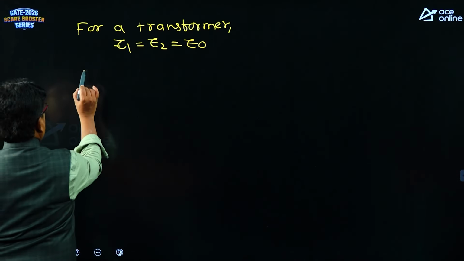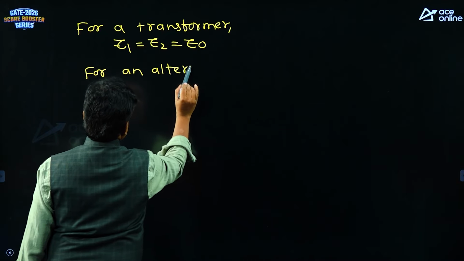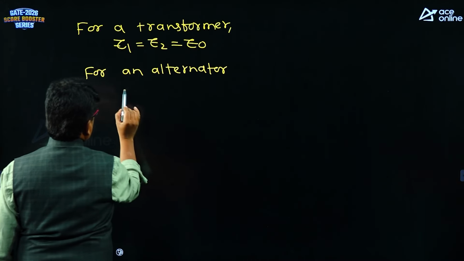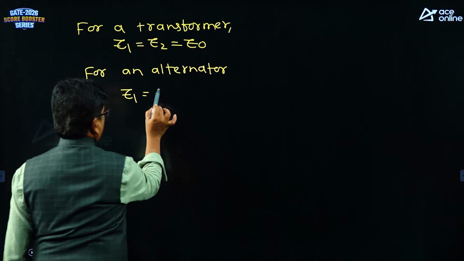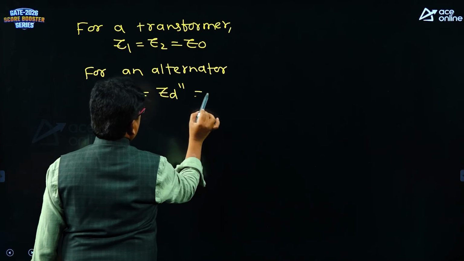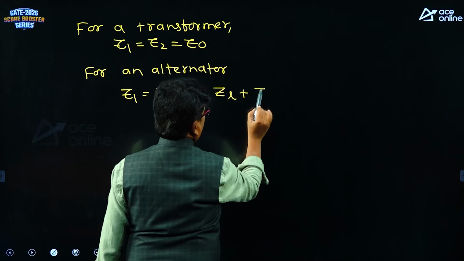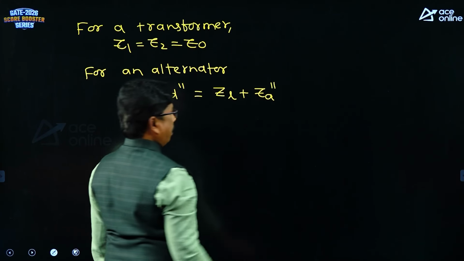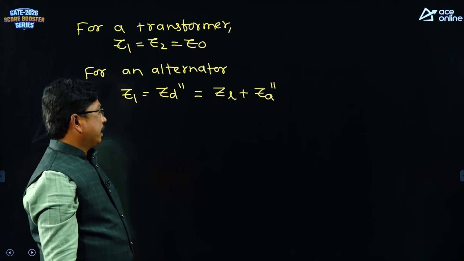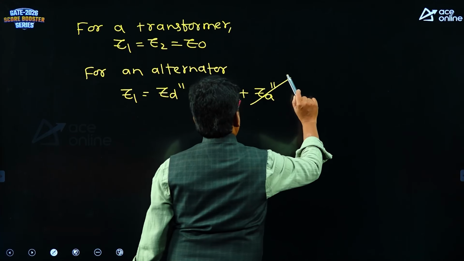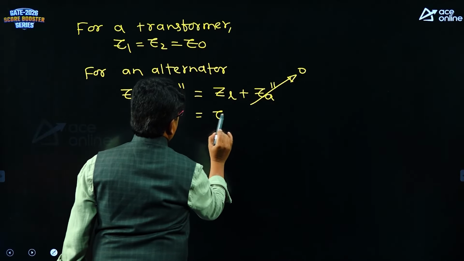If you see, for an alternator, the positive sequence impedance Z1 is equivalent to Zd double dash, where Zd double dash is the leakage impedance plus the armature reaction impedance Zad double dash, that is XL plus Xad double dash. When armature reaction is 0, the positive sequence impedance will be ZL.